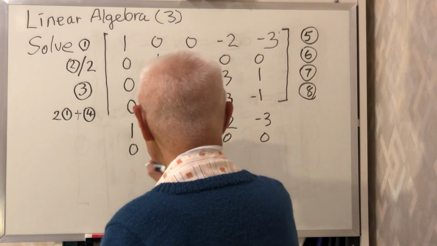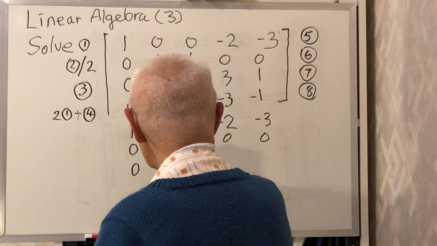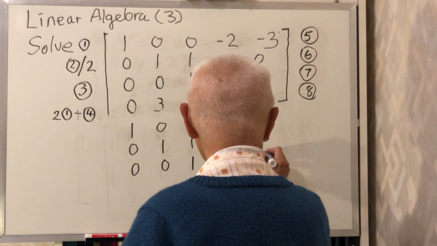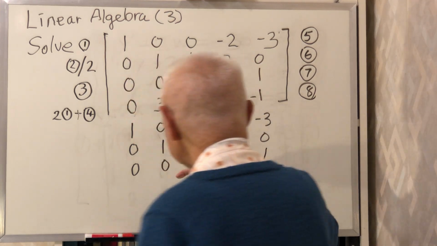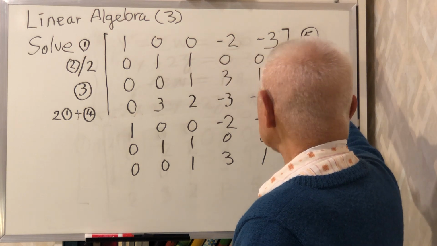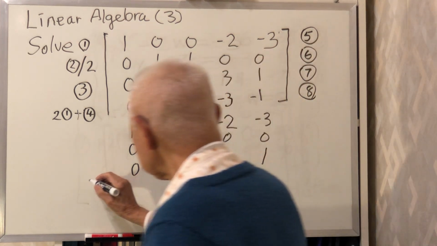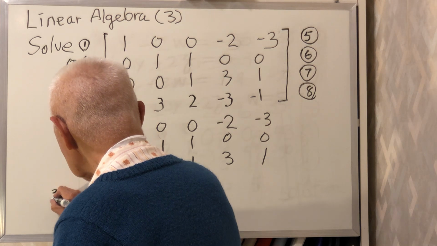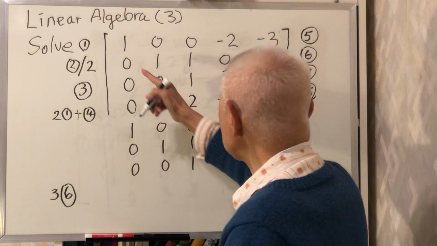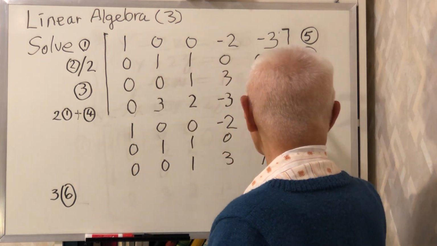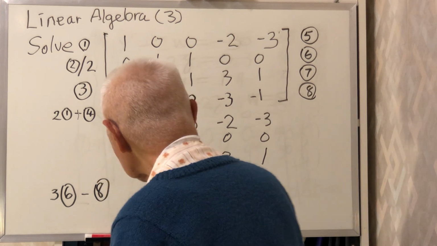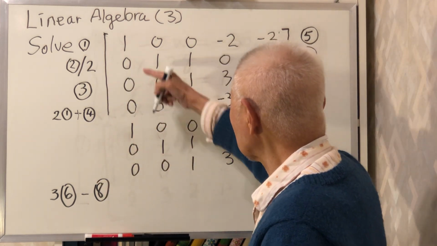Keep the next one. Okay. 3 times row 6. Subtract row 8. Okay. 0.